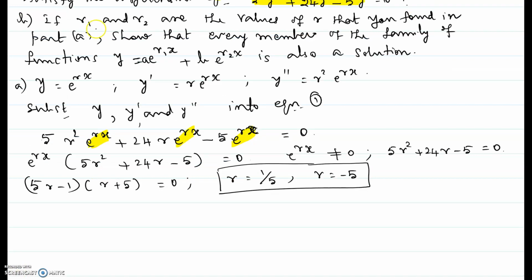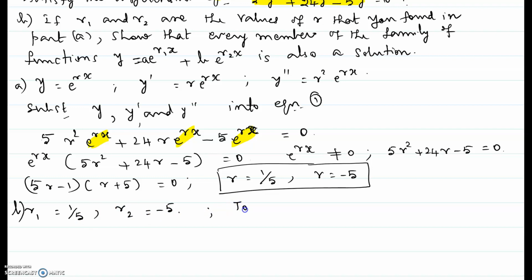The next part is asking us to show that every member of the family of the function y equal to a e to the r1x plus b e to the r2x is also a solution, where r1 and r2 are the values we got from part A, which are 1 over 5 and negative 5. So for part B, we'll consider r1 equal to 1 over 5 and r2 equal to negative 5.